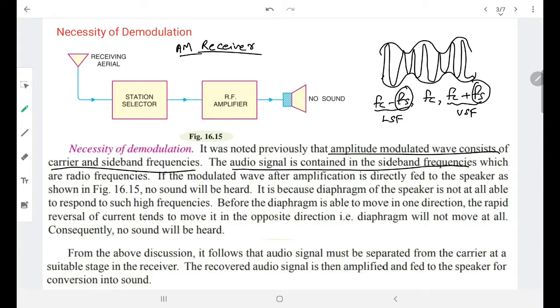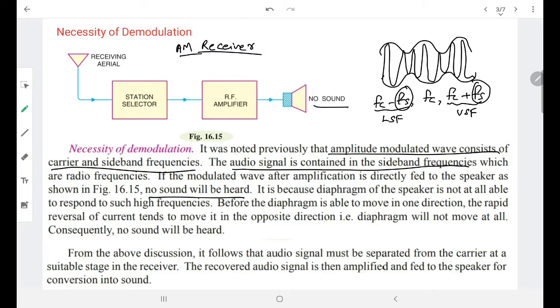If this modulated wave is directly fed to a speaker, what will happen? We cannot hear any sound because this frequency is not in the audible range for the human ear. No sound will be heard when it is fed to a speaker.